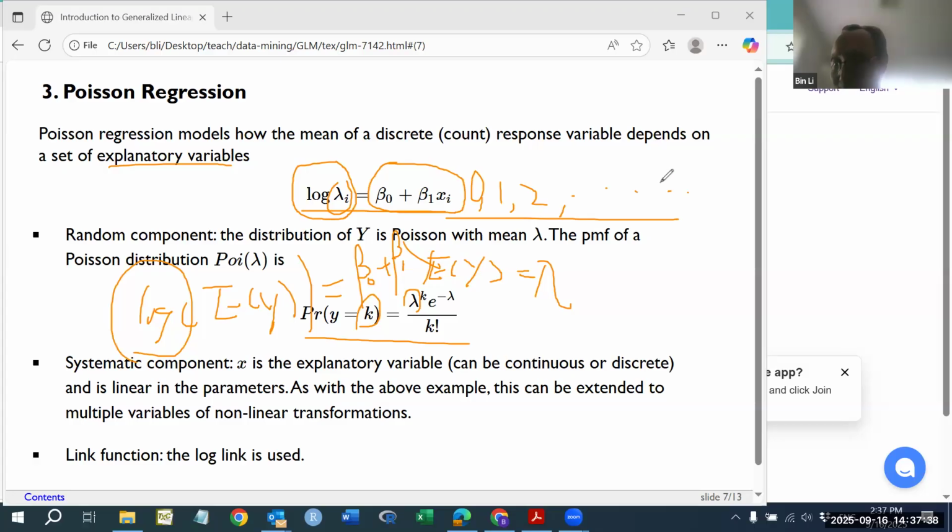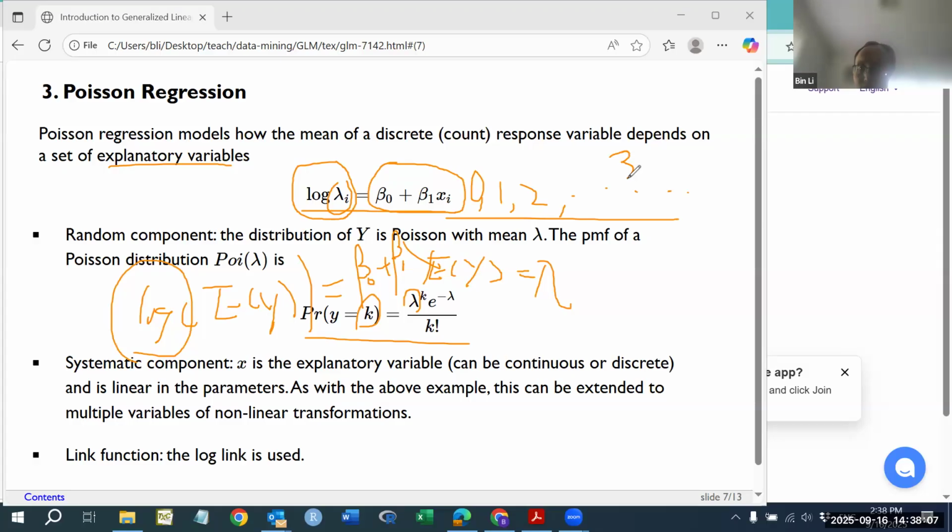So for example, let's say we observe the number of car accidents on a certain location on the highway, let's say I-10. Let's use the week as a unit. So for each week, the expected number of car accidents, let's say, is 3 in this intersection highway.